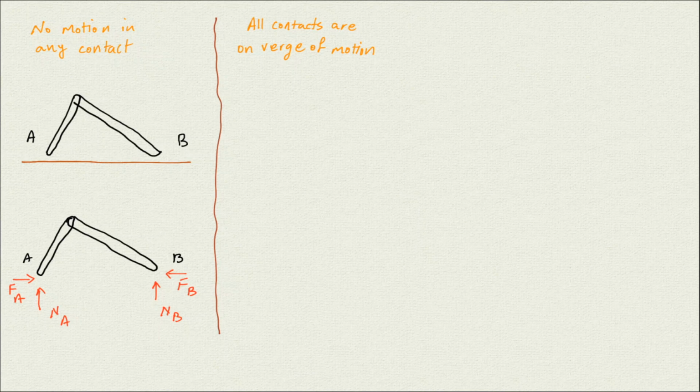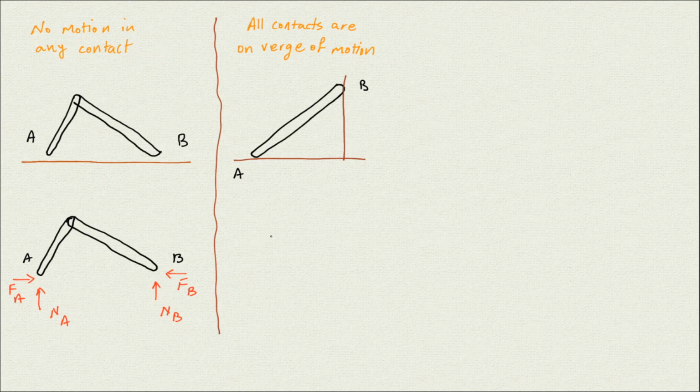Now assume again this time I have something like that, with point A and point B. If it starts to move, if it becomes on the verge of motion, both A and B start to move at the same time. So all of them would be moving at the same time.